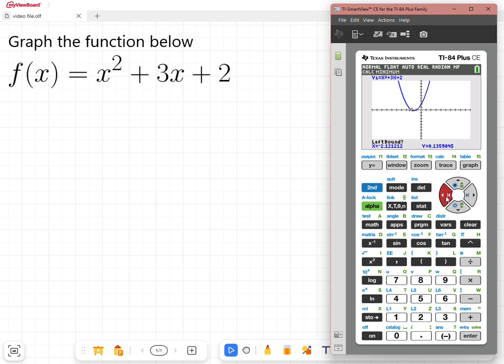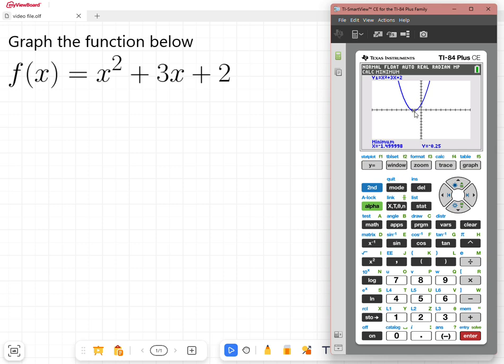So I'm going to put my cursor near that first 0 for my left bound. I'm going to put the cursor near the second 0 for my right bound because I know my vertex is between my zeros. I'm then going to press enter to tell the calculator to guess. And I can see that the calculator is guessing -1.4999998.